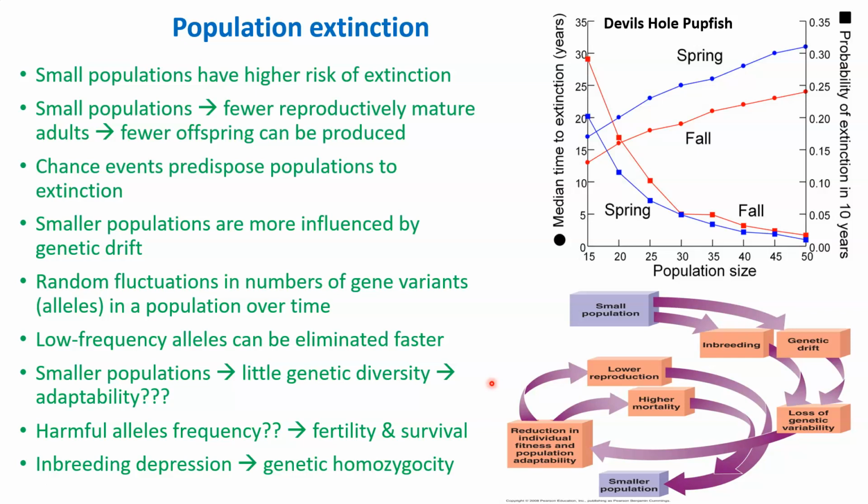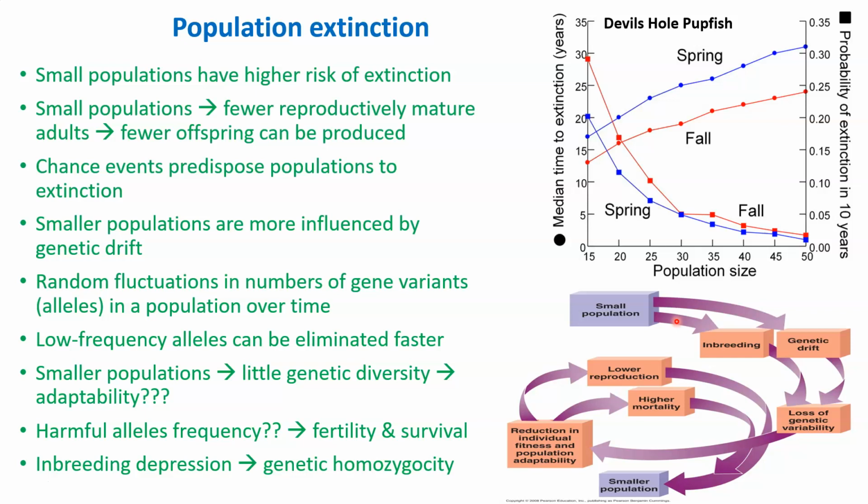For the last point, for a theoretical example, let's look at the graph on the top. You are looking at the Devil's Hole pupfish population. We talked about that particular species in a previous lecture with respect to population abundance and distribution. Let's look at the graph and understand these axes. On the X-axis, we are looking at population size. There are two y-axes.